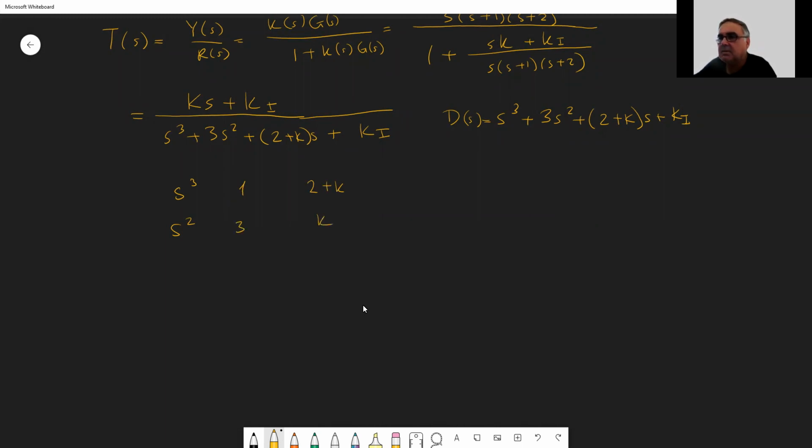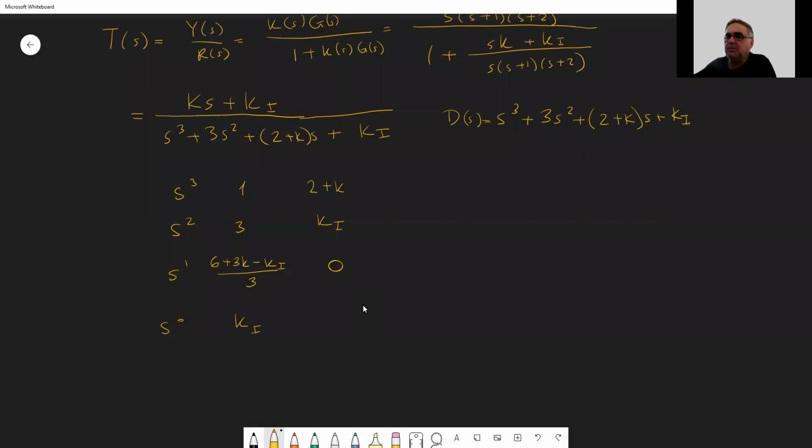So S to the 1 is the negative determinant of this, which is (6 plus 3K minus Ki) divided by 3 is what we have here. Here you have a 0. For S to the 0, you have again the negative determinant divided by this, which is Ki.